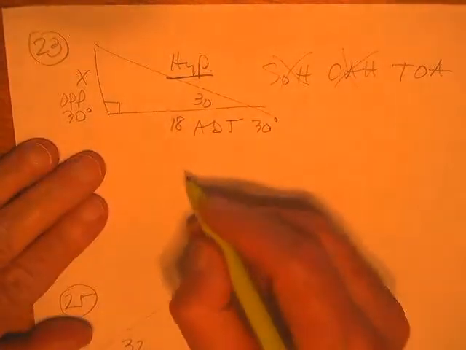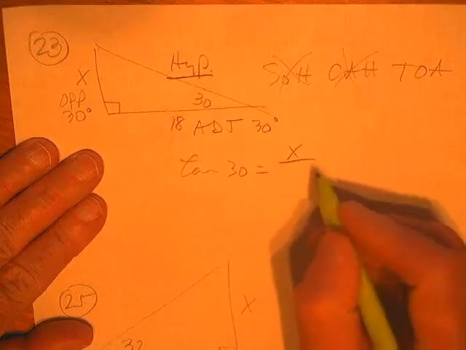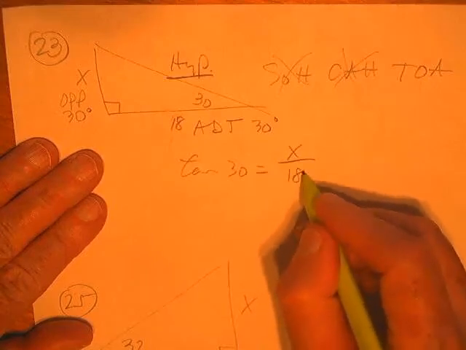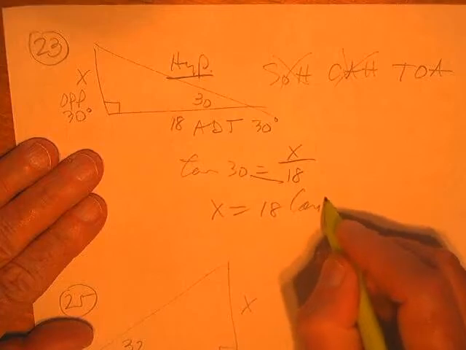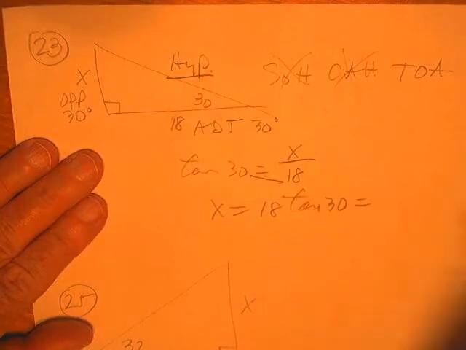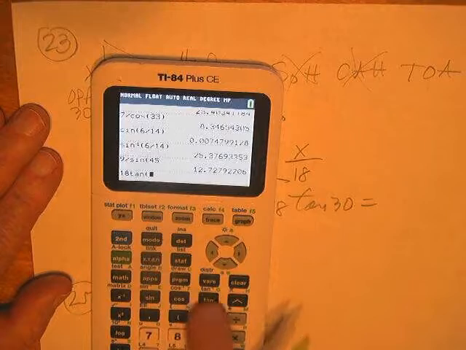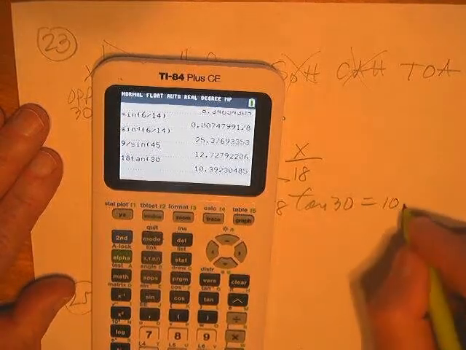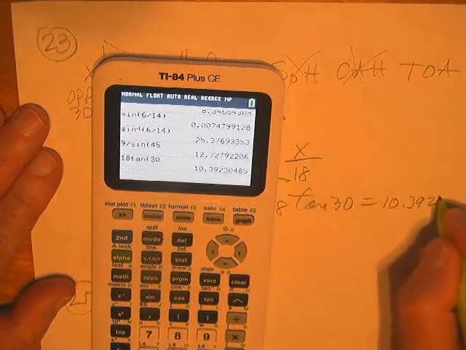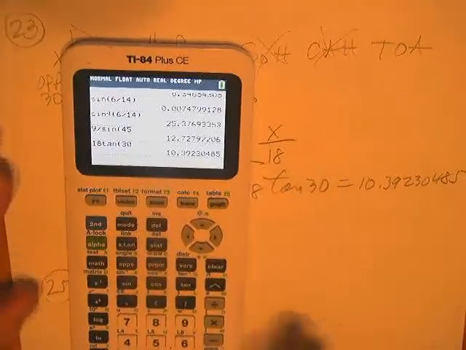It's tangent. This is going to be tangent of 30 is opposite over adjacent. And now I can just multiply those two. 18 tangent 30. That's 10.3923 0485. No rounding.